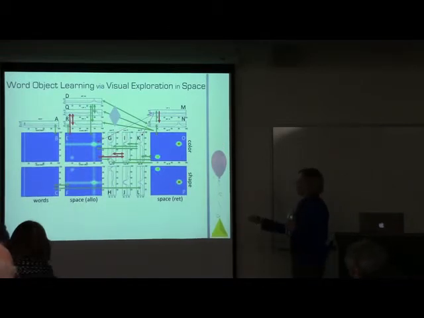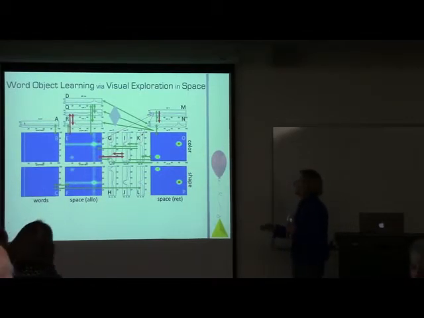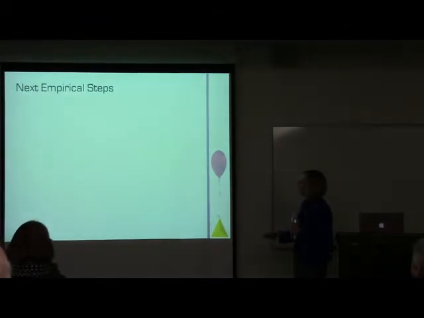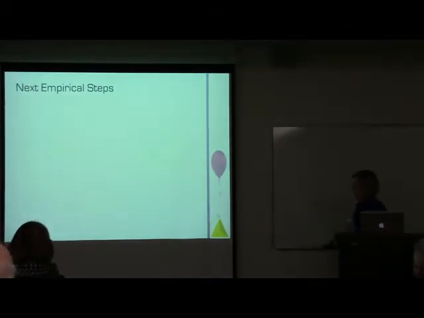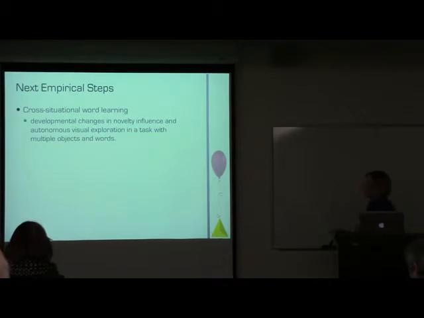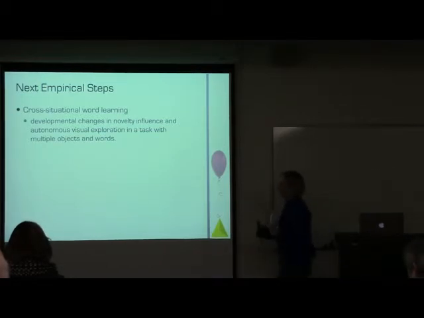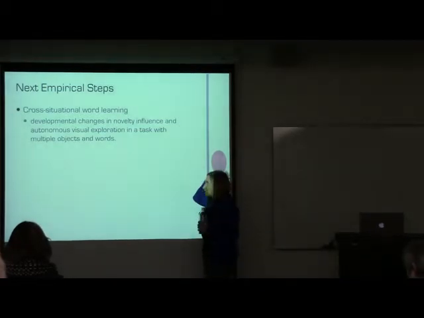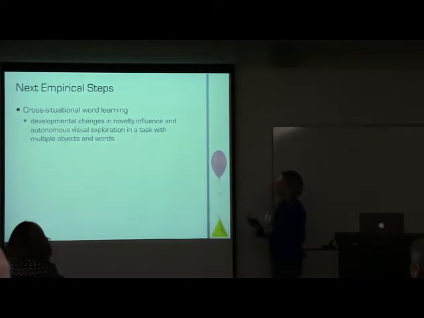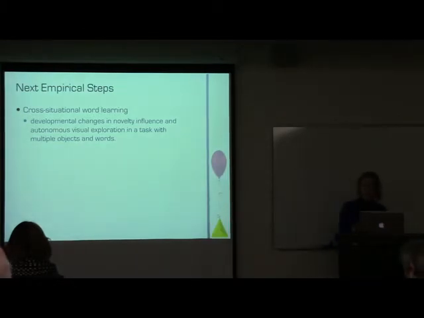Okay, so it's a big model, but it does make predictions that you should see some changes. That's the basis of the new grant. There's a few things that we're interested in. One thing it's going to let us do is move down in our studies to some earlier age ranges and some of the cross-situational word learning work that's been done in a number of different laboratories.